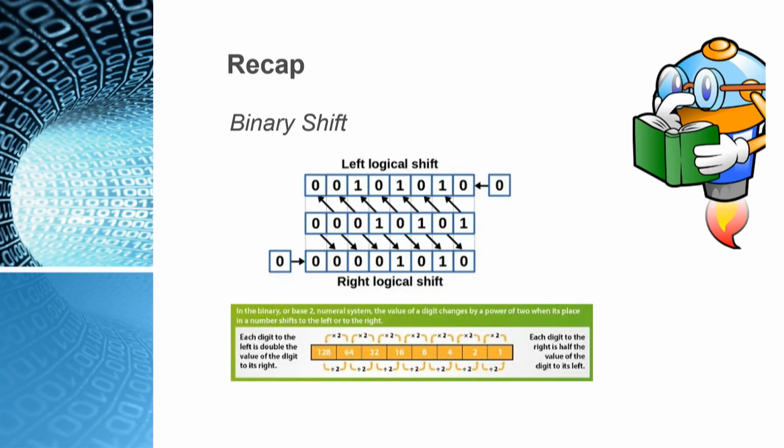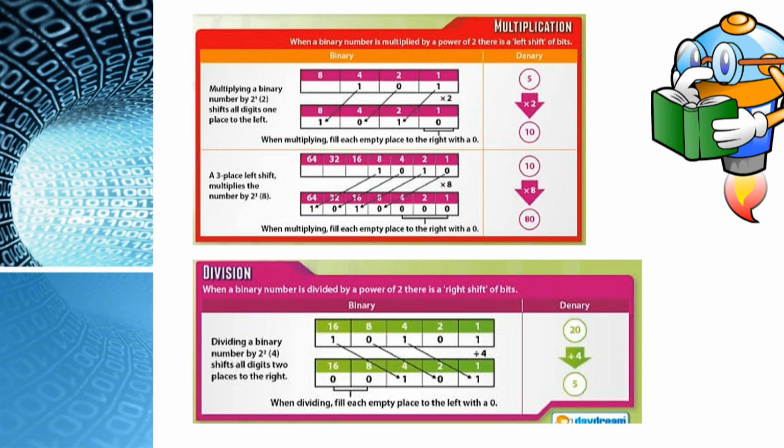A bit shift is an operation where a succession of bits is moved either to the left or the right. For logical bit shifts, the bits shifted out of the binary number's scope are lost, and zeros are shifted in on the other end. When a binary number is multiplied by a power of 2, there is a left shift of bits.